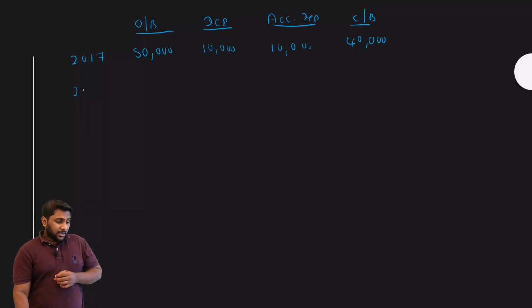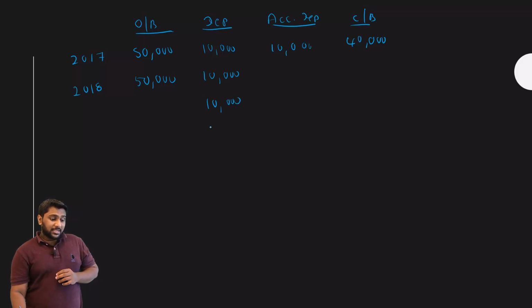When it comes to the year 2018, what you have to understand: the opening balance is 50,000 US dollars. Depreciation for that particular year, I told you, under the straight line method, is not changing. Depreciation is the same. Here you can see it is 10,000 US dollars for each of 5 years, 2019, 2020, 2021.